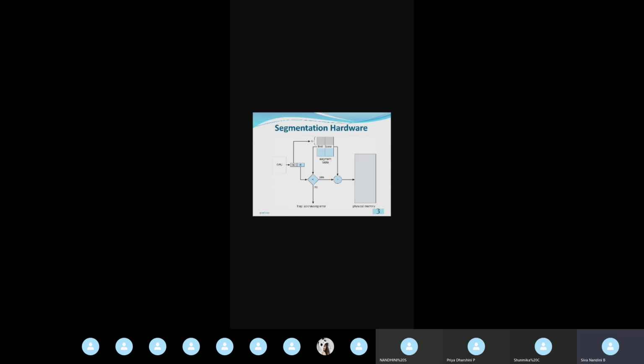Okay. So for a particular segment, you need to know what is the base register and limit register. If you are having 10 segments, the base register and the limit register of those 10 segments will be available in a segment table. Okay, likewise, we'll be having a segment table which holds the base register and limit register of a particular segment.